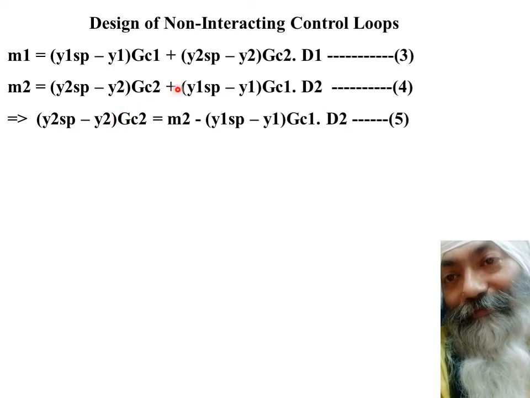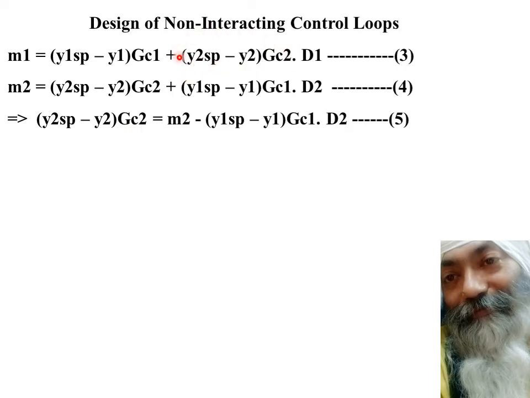So this entire term I have shifted to the other side of the equal to, and I get this equation of y2sp minus y2 into gc2. The objective is that this value of y2sp minus y2 into gc2, I will be putting it over here, and this is my intention.